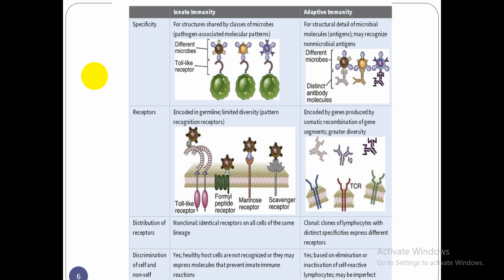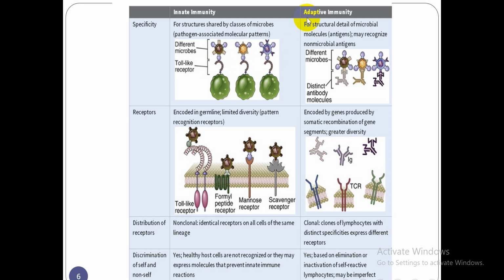The first difference is regarding specificity. Innate immunity has some receptors that are related to structures shared by a class of microbes. And as you see here, different microbes that belong to one class of microbes could be recognized by similar receptors of innate immune cells.